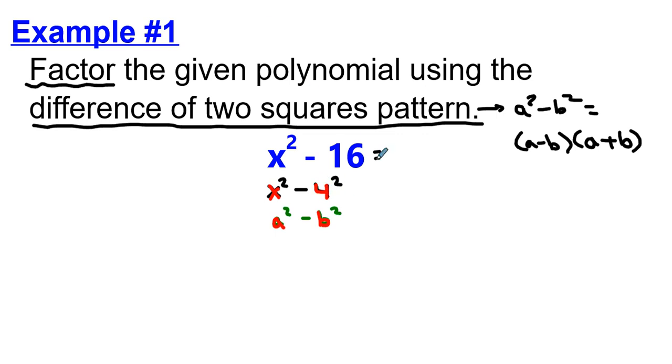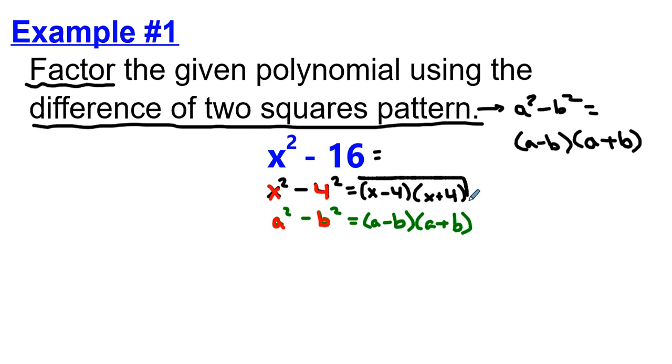So when you go to factor this, a squared minus b squared equals the quantity a minus b times the quantity a plus b. So instead of writing a's and b's, because I don't have a and b, I have an x and a 4, instead of a minus b, I'm going to put x minus 4. And instead of a plus b, I'm going to put x plus 4. And that is the factored form of this binomial. So I can circle that.